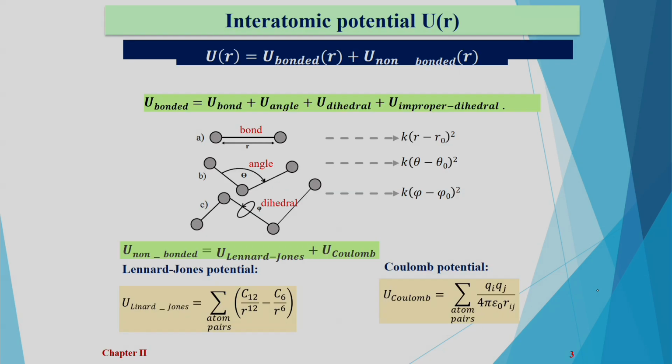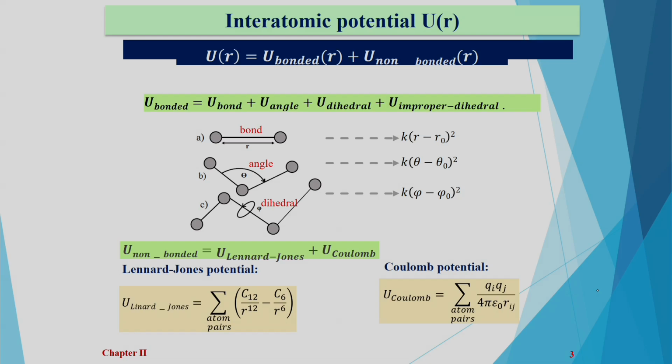So, we remind ourselves that we have an interatomic potential which we call U(r). This could be a bonded part and there is a non-bonded part, and among the bonded part we have a bond, with r0 the equilibrium distance between the two atoms or molecules, and which we consider as harmonic. It may not be, but let us consider it as harmonic to begin with.